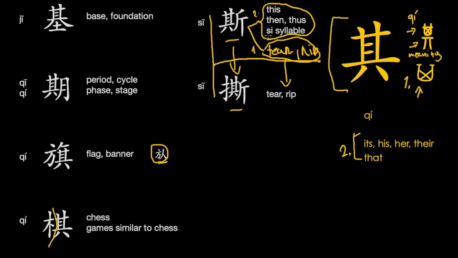Then the character acquired these meanings over here and was still pronounced the same, but now we had a problem because we had two different meanings associated with the same character. So shou was added to this character, and a new character was created, which meant only to tear and to rip. Hopefully it wasn't too confusing.